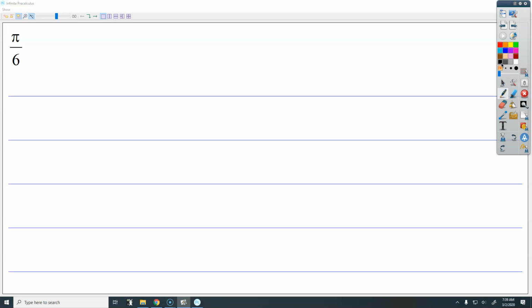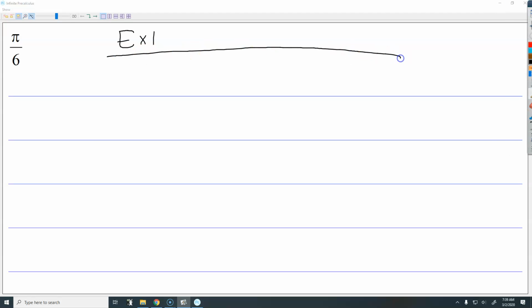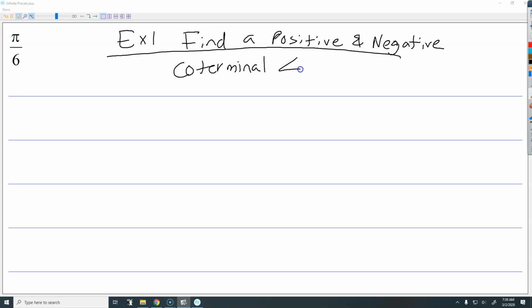So our directions for example 1 are going to be find a positive and negative coterminal angle. And we're going to start with pi over 6 here.